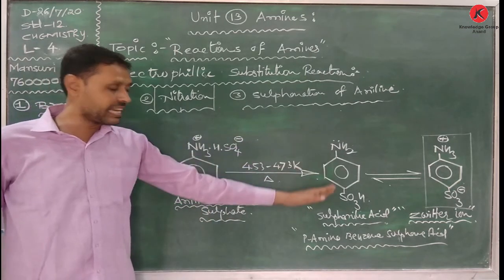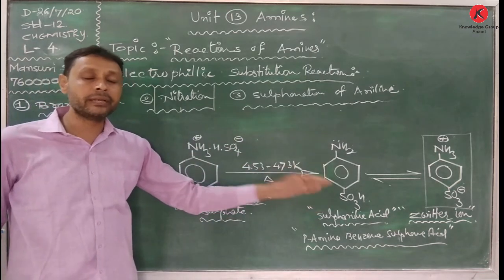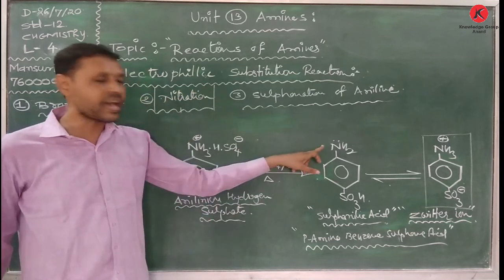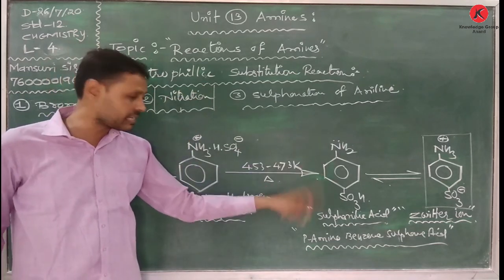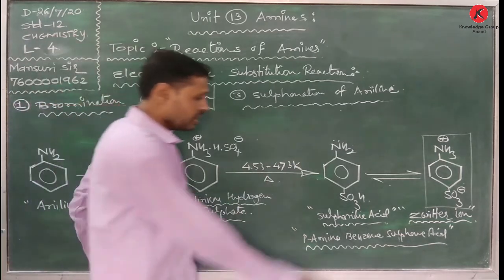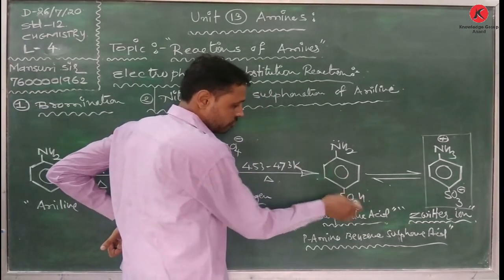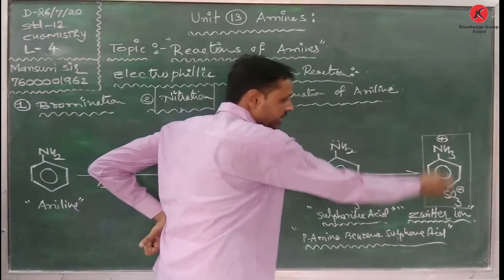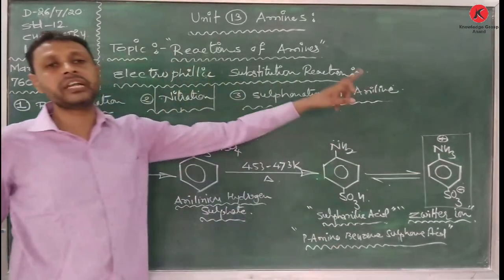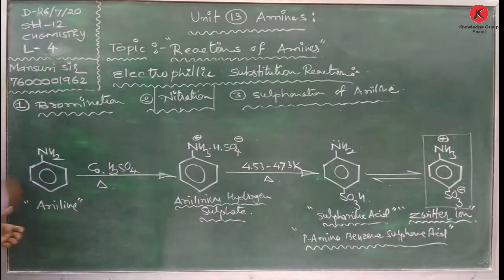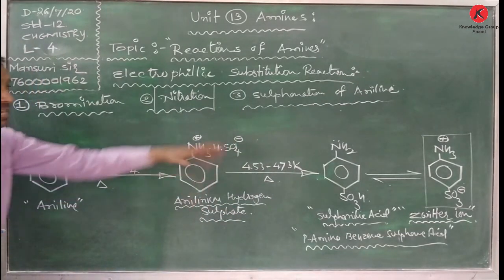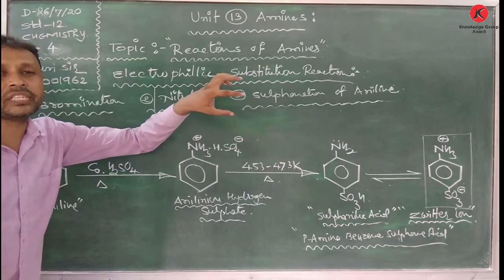So sulfanilic acid is obtained, whose IUPAC name is para-amino benzene sulfonic acid, and it will accept the H plus from sulfonic group. That is why it will convert into Zwitter ion. So this is the preparation of sulfanilic acid or Zwitter ion.